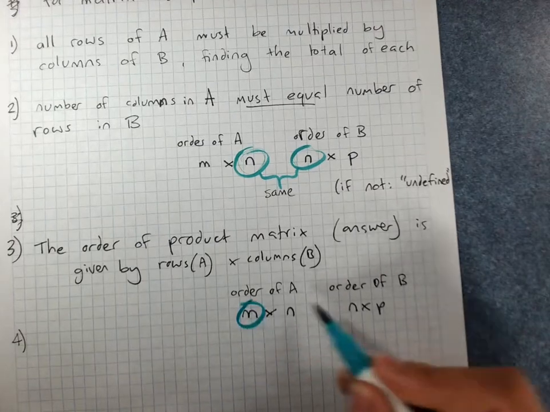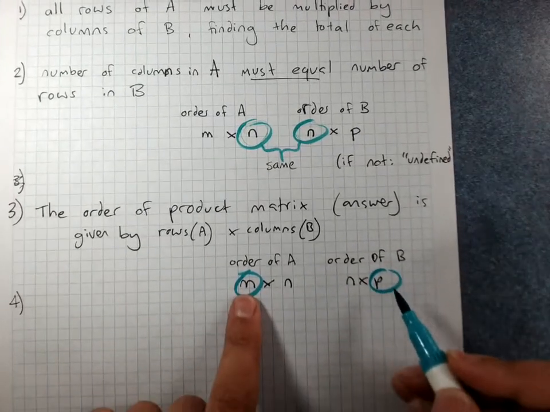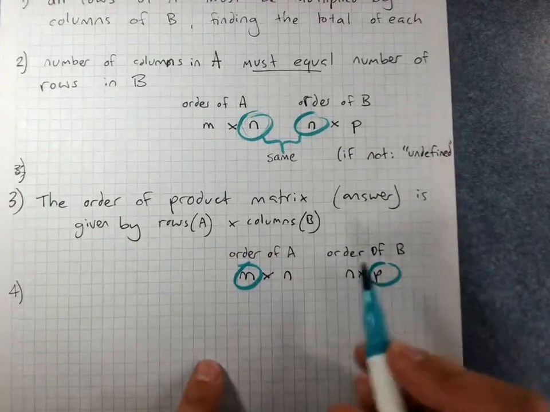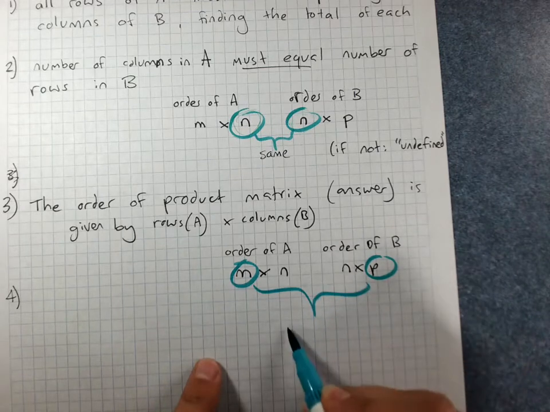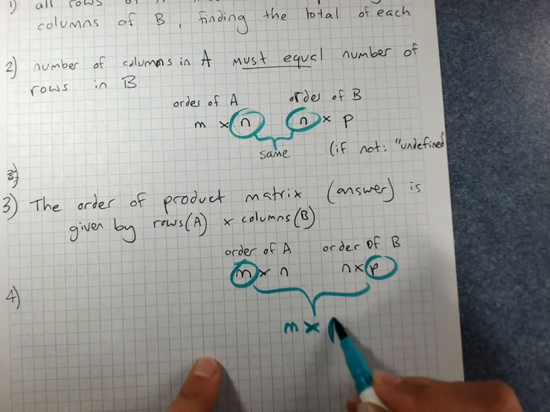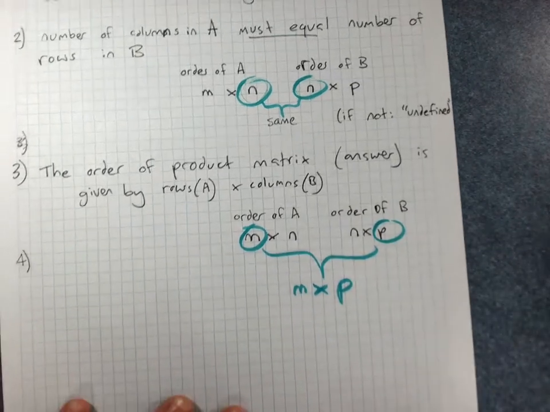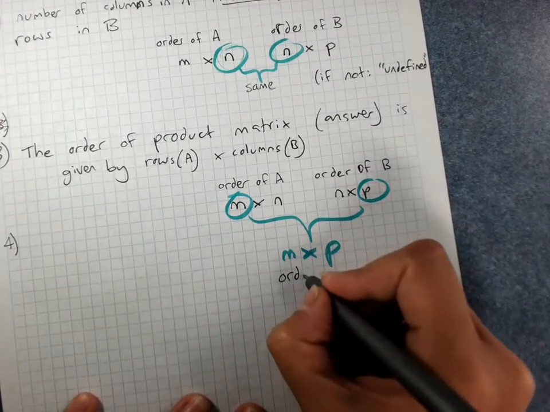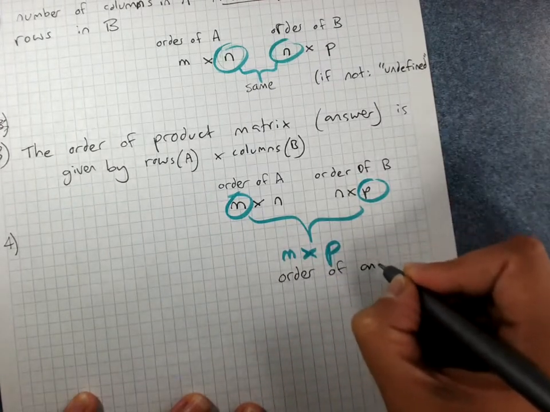The m and the p, the outside values, when you write the orders, give the fact that m times p is the order of the answer matrix.